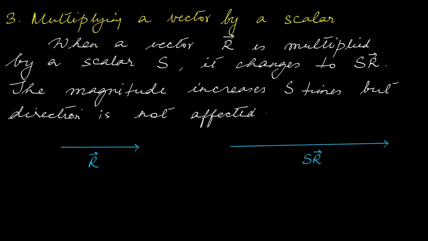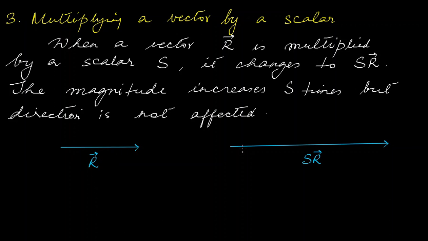The third property here, multiplying a vector by a scalar. When a vector r bar is multiplied by a scalar s, it changes to s r bar. You don't write the bar sign on top of s because s is a scalar. You write it only on top of r, which is a vector. The magnitude increases s times, but the direction is not affected. Can you see? Suppose you have a vector here, a vector r bar.